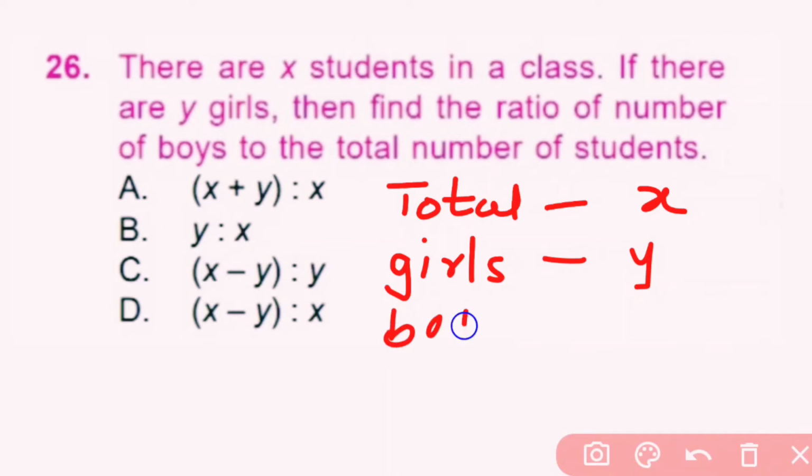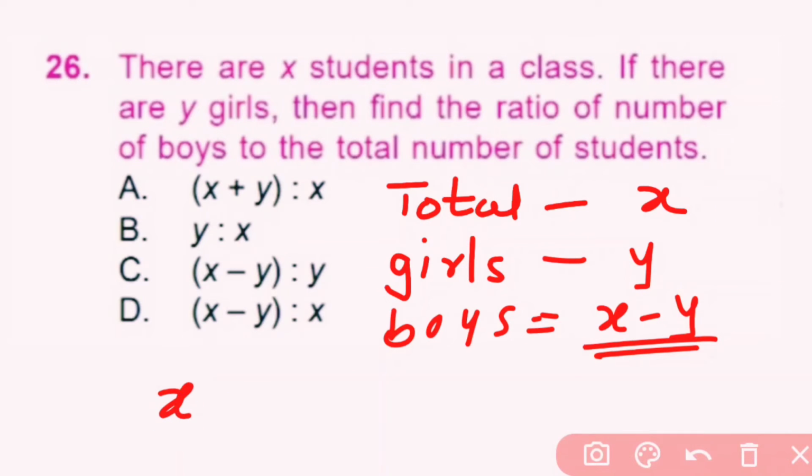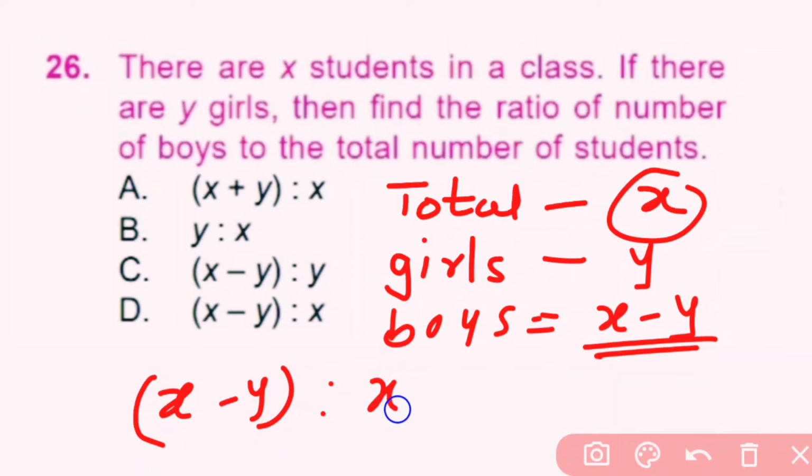So boys is equal to total minus girls, and we want the ratio of boys to the total number of students. Boys is X minus Y, and the total number of students is X. So here D is the correct answer.